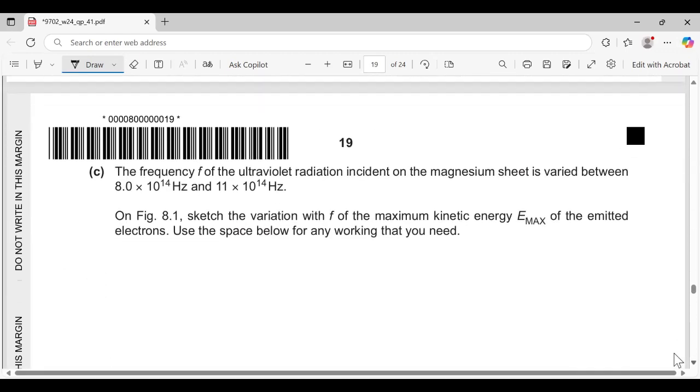The frequency f of the ultraviolet radiation incident on the magnesium sheet is varied between 8.0 times 10 to the power 14 hertz and 11 times 10 to the power 14 hertz. On figure 8.1, sketch the variation with f of the maximum kinetic energy, Emax, of the emitted electrons. Use the space below for any working that you need.